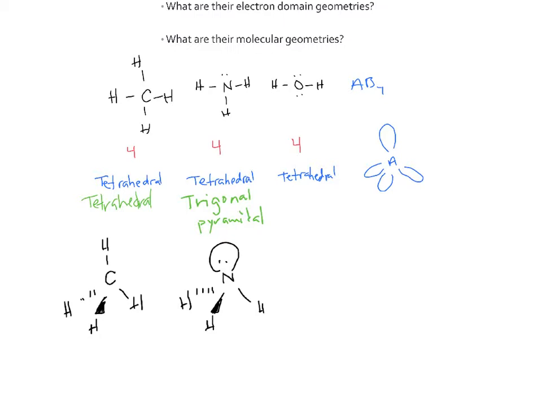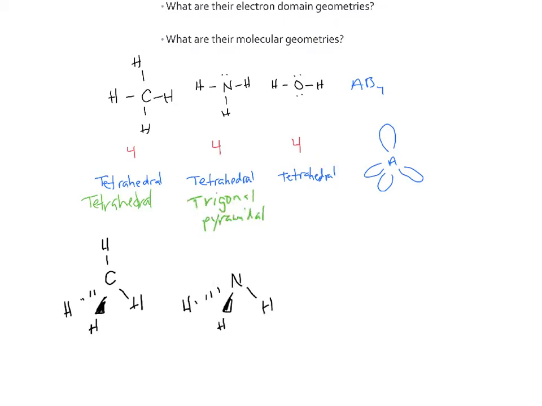So I'm just going to erase that lone pair, and it would end up looking something like this. I want to point out that the lone pair is important in the sense that it is repelling these 3 hydrogens and pushing them down. So they are still there, but when you look at the molecule itself, we're only concerned about the actual bonded atoms.